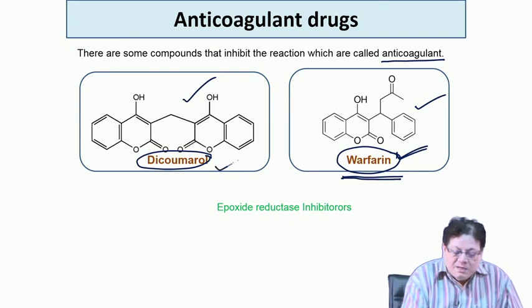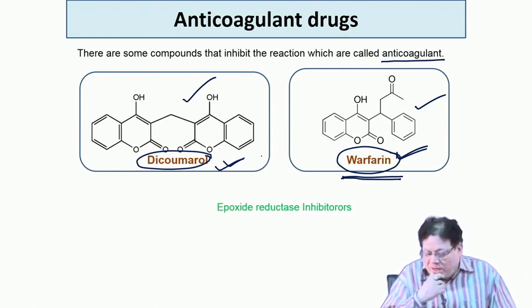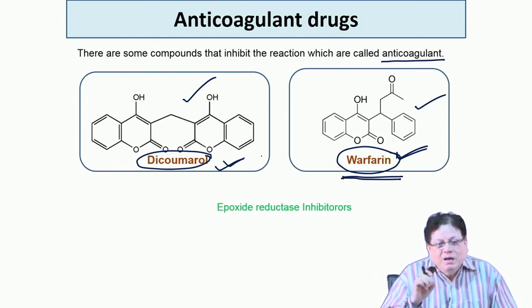The other use is basically for people who are prone to heart attack or cerebral problems. They use dicumarol or warfarin, and they also use aspirin as a blood thinner.